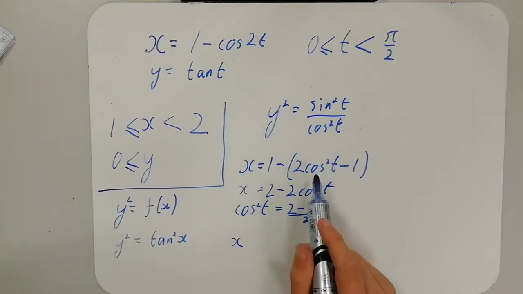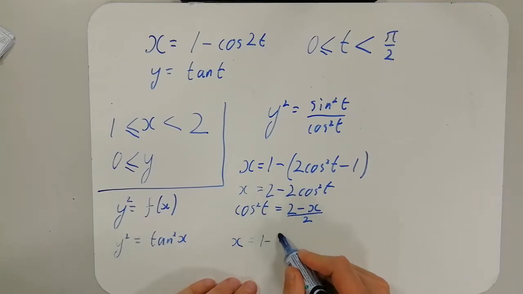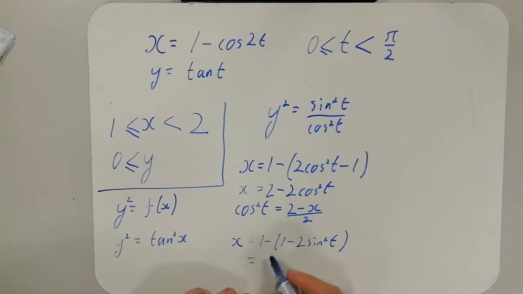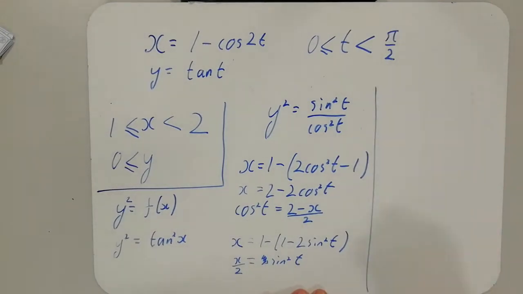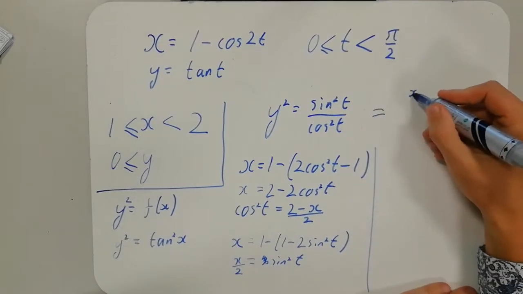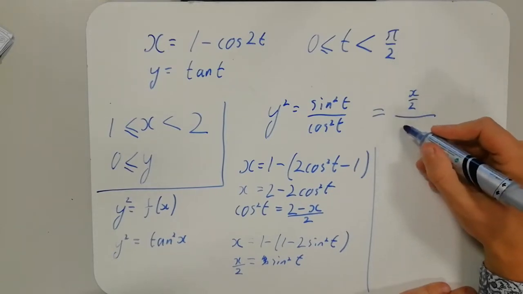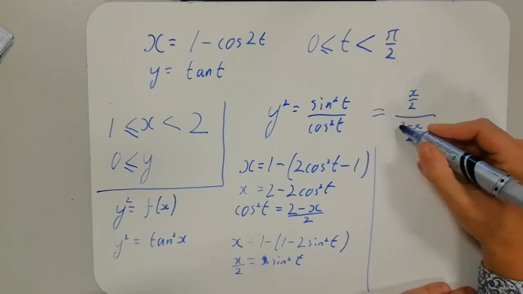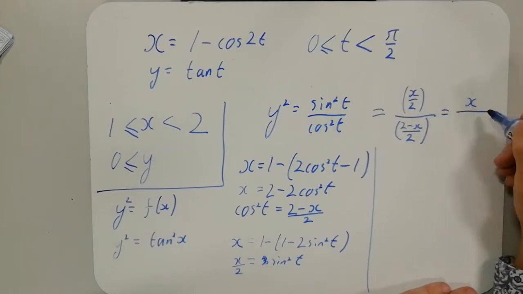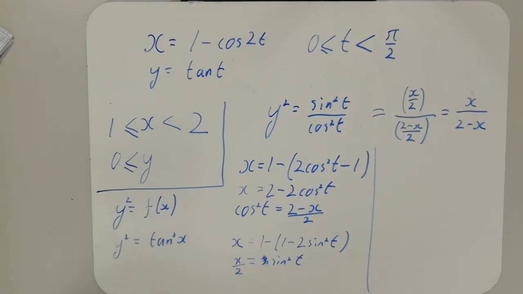We can choose the other form of cos 2t, 1 minus 2 sine squared t, which gives us 2 sine squared t is equal to x, so dividing by 2, sine squared t is equal to x over 2. Excellent. So now we can rewrite this as x over 2 divided by 2 minus x over 2. The halves cancel on top and bottom, leaving us with x over 2 minus x.